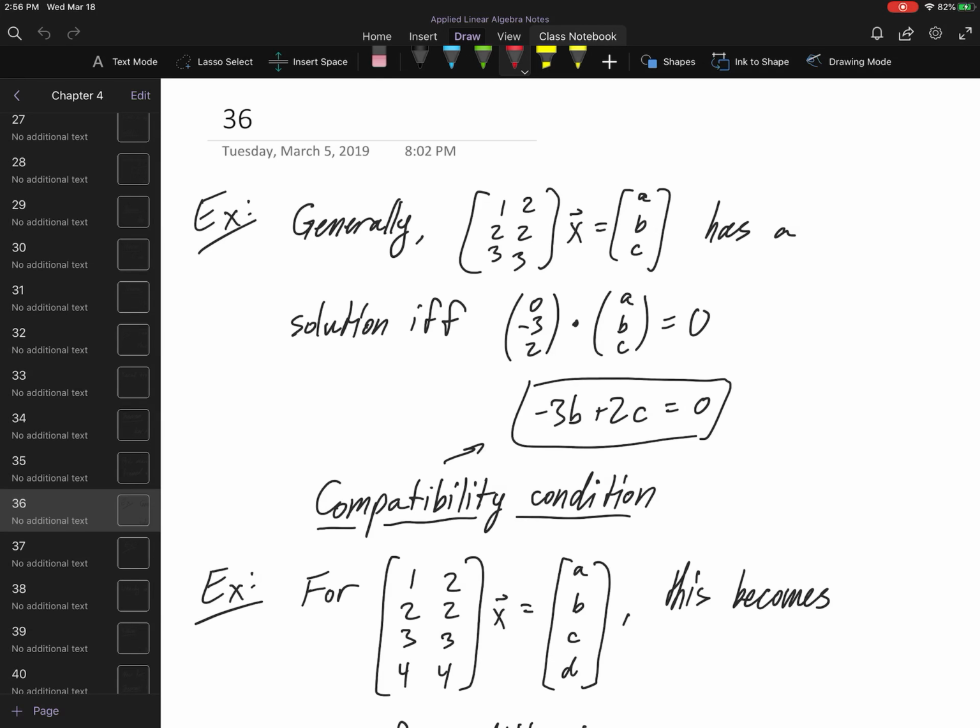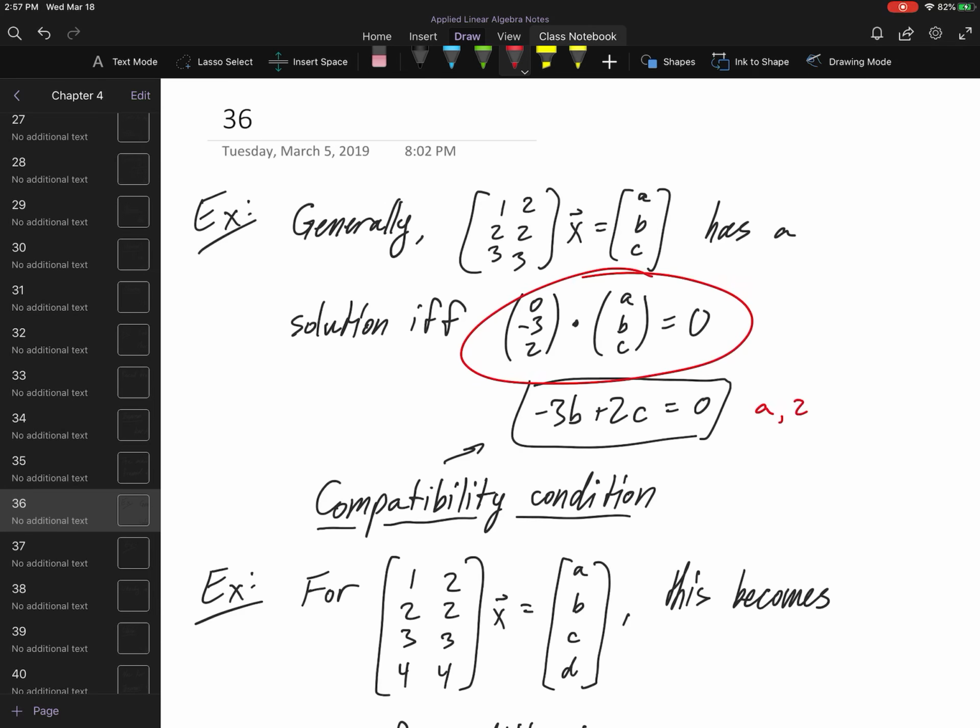And more generally, if we were to figure out which vectors B make AX equals B solvable, we are checking a compatibility condition just like we did in an earlier example: this has a solution if and only if the vector A, B, C is perpendicular to a basis for the co-kernel.